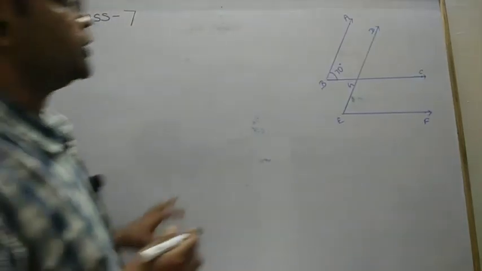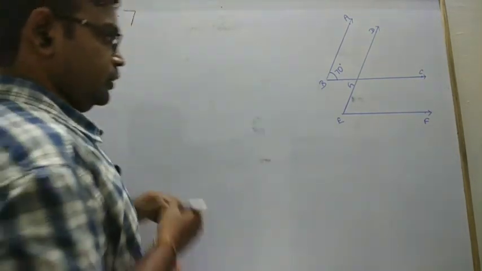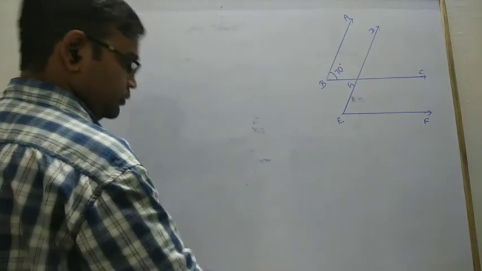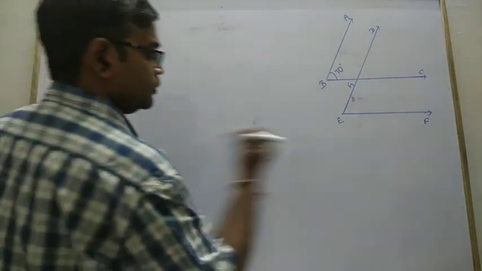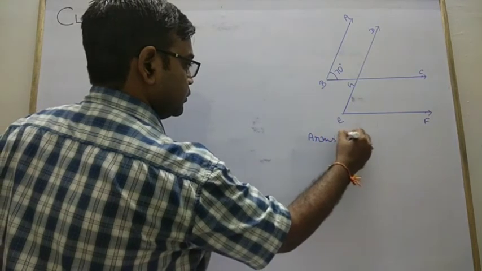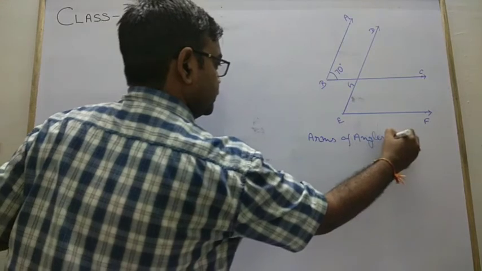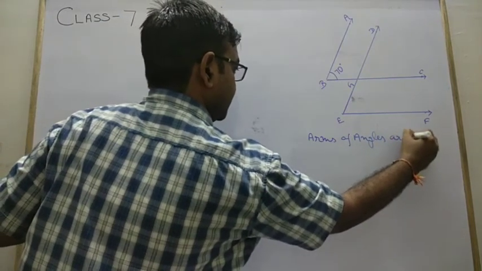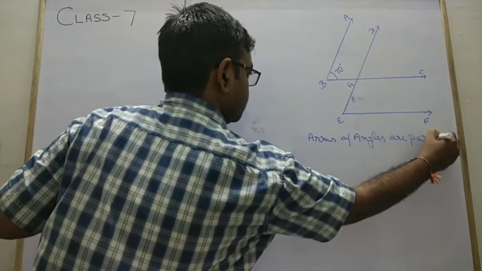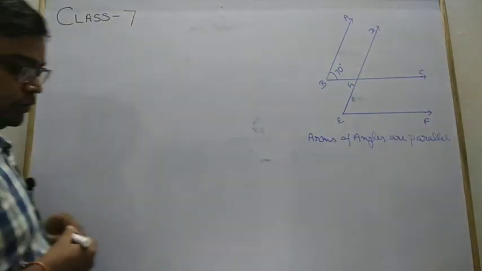In this question, it says that the arms of the angles are parallel to each other. What is given to you, I am using blue ink to write down. It says that arms of angles are parallel to each other. Clear?